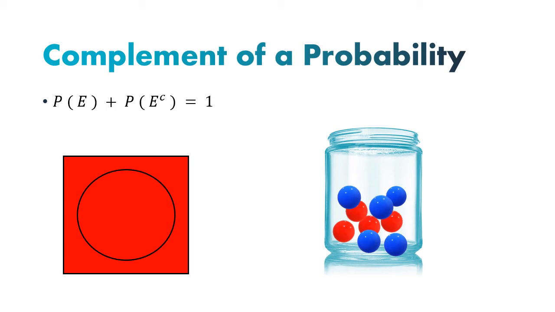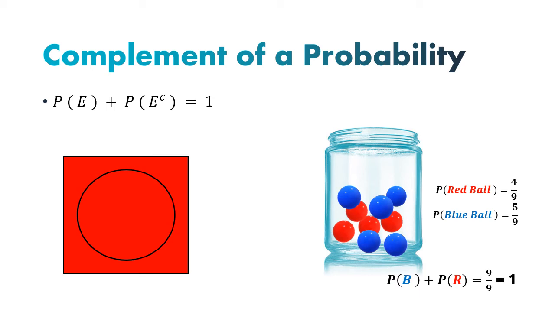So the total of the balls is 9. We have 4 red balls, so the probability of selecting a red ball is 4 over 9. And the probability of selecting one blue ball at random is 5 over 9. So notice, if I add these probabilities, it is 9 over 9, which is 1.